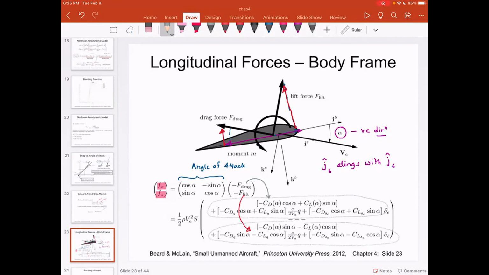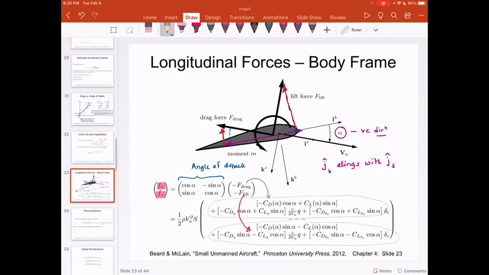This entire equation will be used when we try to solve the problem. But key parameters are here. Q is the pitch rate, then elevator deflection. Then you have the alphas, which are the angle of attack, and those will be used in simulation.